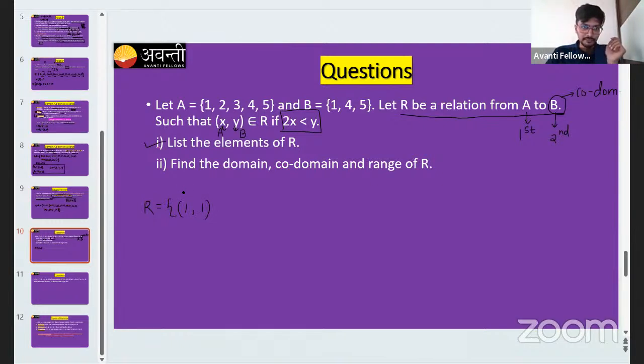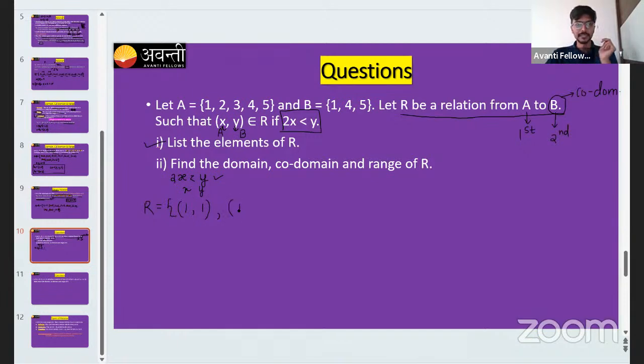This is the value of x and this is the value of y. Does this satisfy 2x less than y? I guess yes. Because 2 into 1 is, oh sorry, 2. 2 into 1 is 2, and 2 is less than 1. So yeah, this will be my relation.